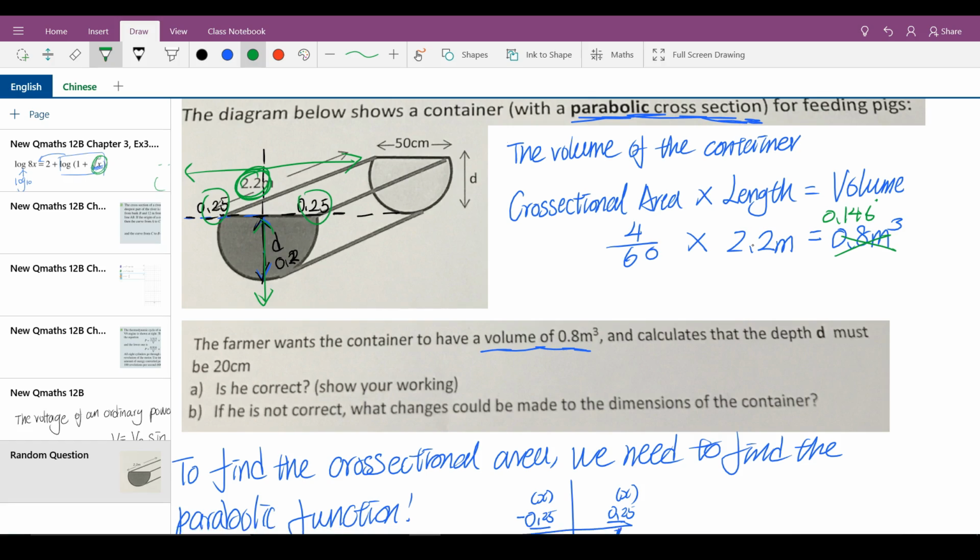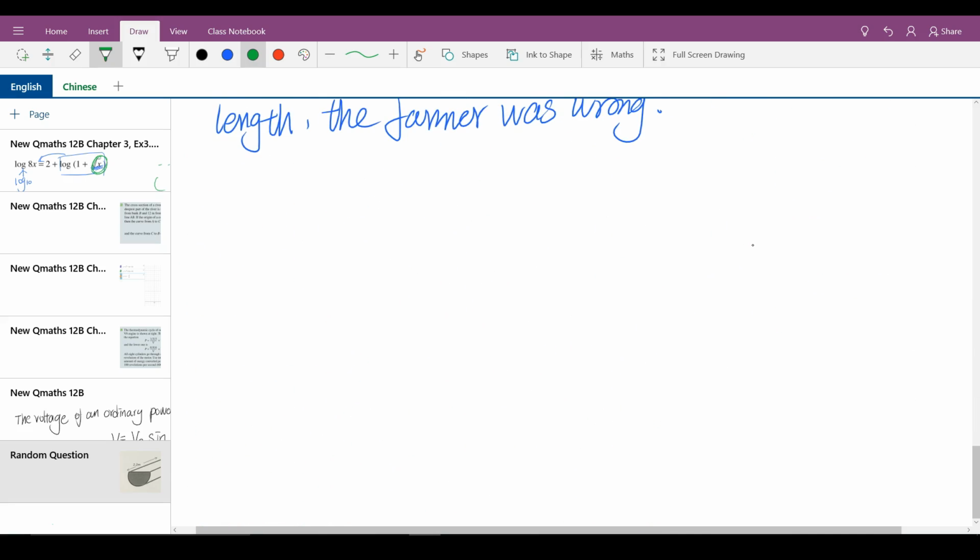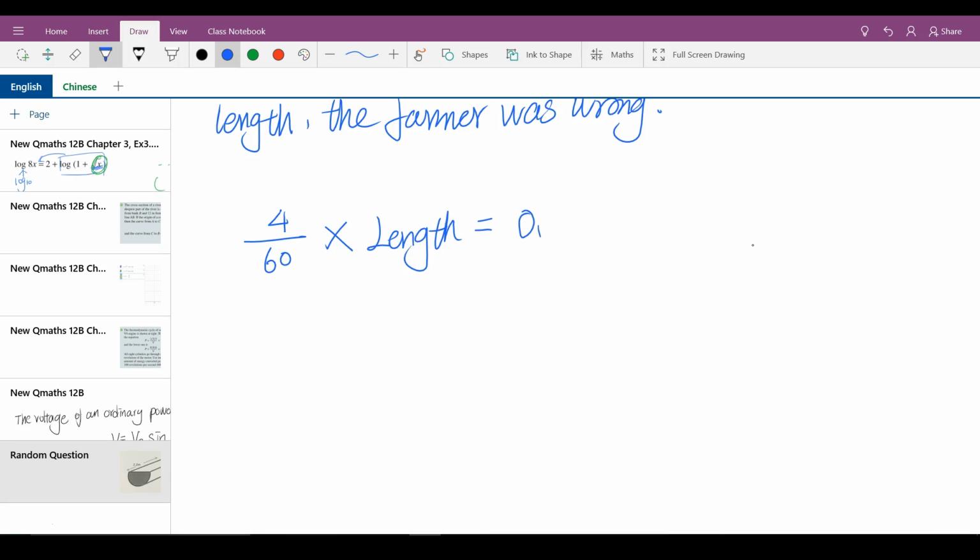So knowing that we got 4/60 as the cross-sectional area multiplied by a length when we want to get 0.8 meter cube, all we have to do is just length is equal to 0.8 divided by 4/60.